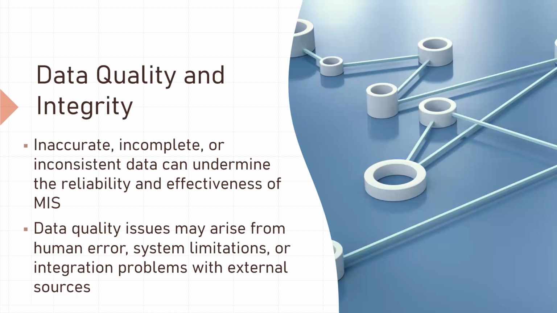If users, maybe managers, employees, or customers, find that the MIS frequently provides unreliable data, they will stop trusting it. And once they stop trusting it, what's the essence of the MIS in the first place? So that also affects data integrity, right?